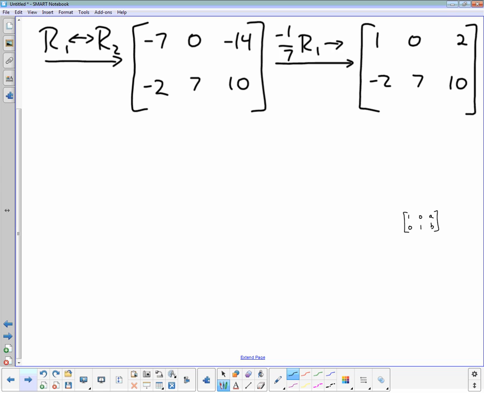Where am I going to get a 2? The 1. I've got a 1. And I could make the 1 into a 2. Right? I could multiply 2 times row 1. And then I could add it to row 2.